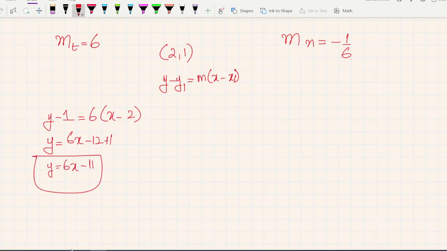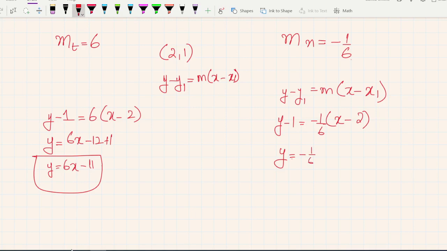Now for the normal line, we can write y minus y1 equals m times x minus x1. Everything we're going to do is the same as we did for the tangent line, except for the gradient. The gradient is going to be negative 1 by 6. So y minus 1 equals negative 1 by 6 times x minus 2. So this becomes y equals negative 1 by 6x plus 1 by 3 plus 1.